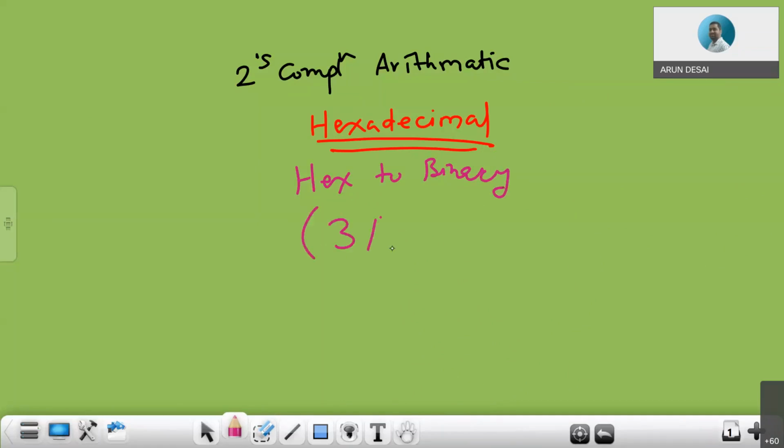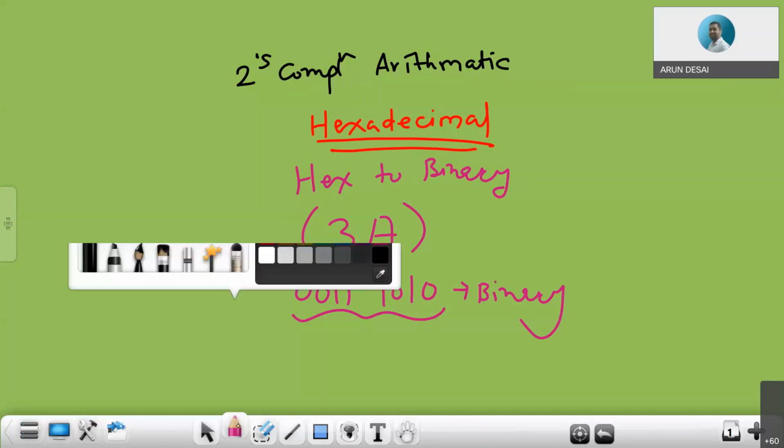Suppose the same number 3A: 3 is 0011, and A is 1010, right? So this is how you convert it into binary, in groups of 4-bit binary, right? Then binary to hex, yes, simple.